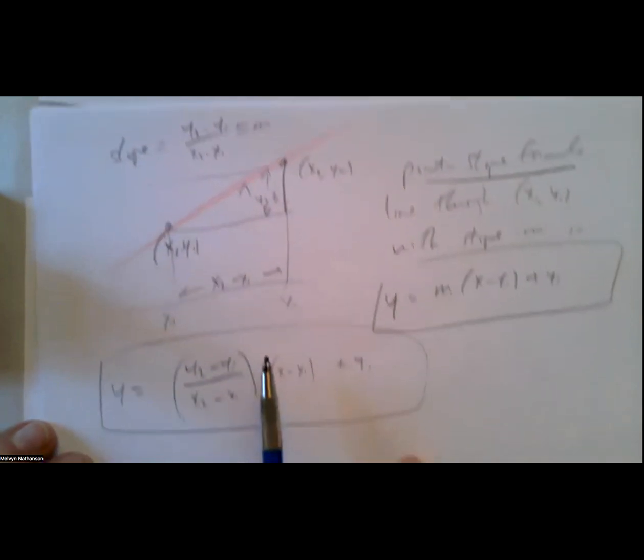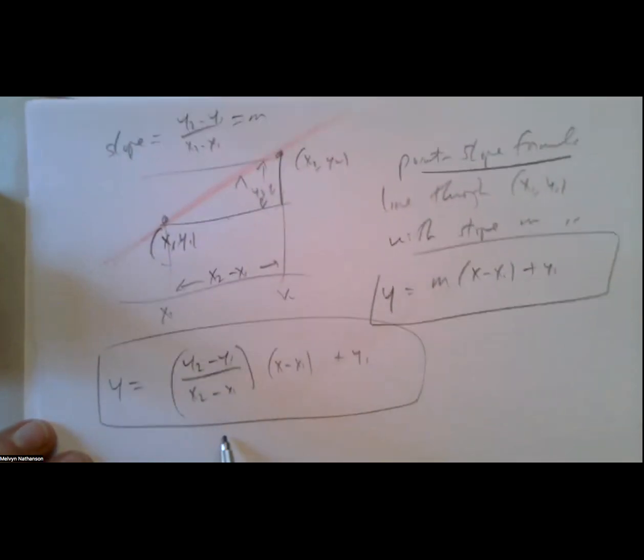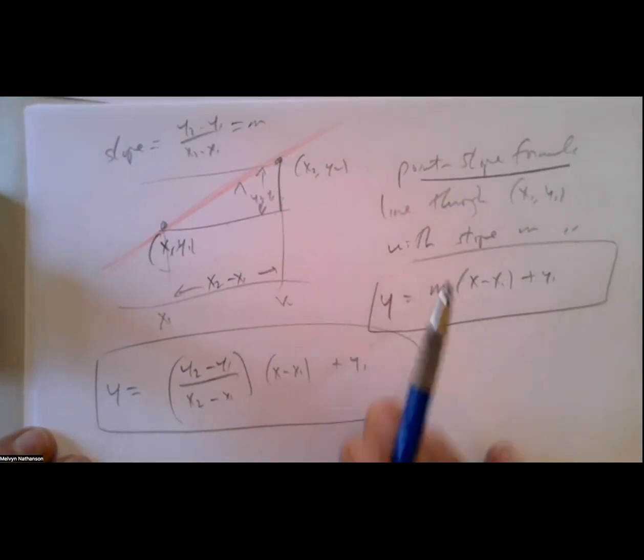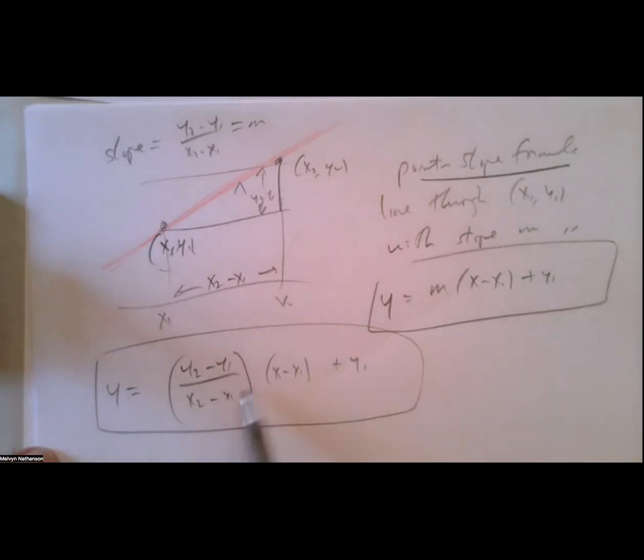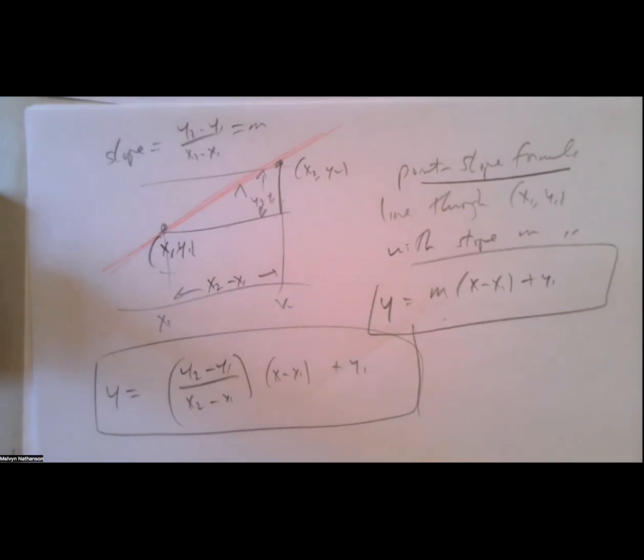So this is the equation of a line going through 2 points, right? And this is the equation of a line going through a point with a given slope. And these two you absolutely positively have to know by heart. This is really important pre-calculus.